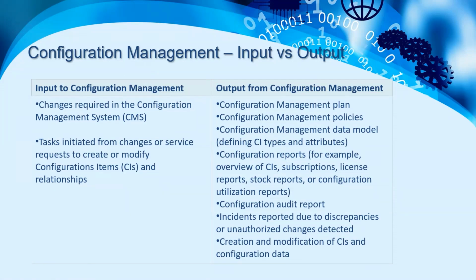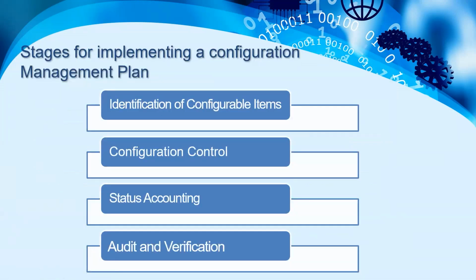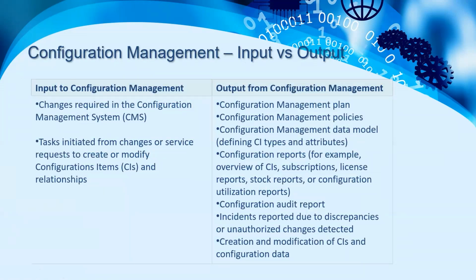Tasks initiated from changes or service requests to create or modify configuration items also are classified as inputs. Then on the output side, the configuration management plan. I mentioned in my previous slide that you first need to identify the configurable items. Before you even start this, you would have prepared your configuration management plan. So it's an input into your configuration management system.